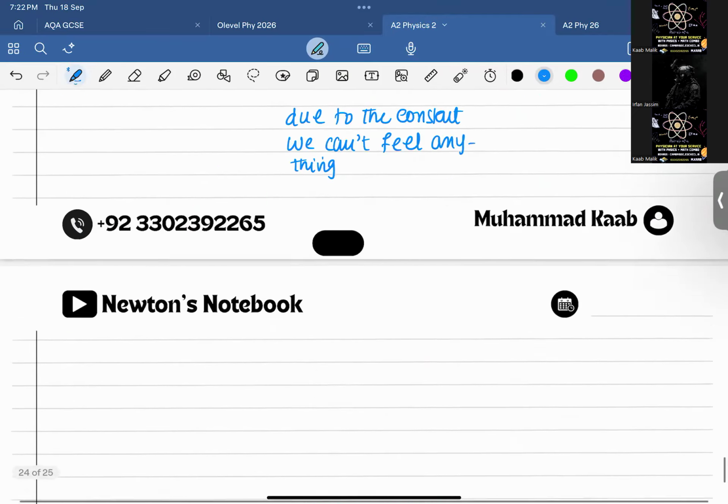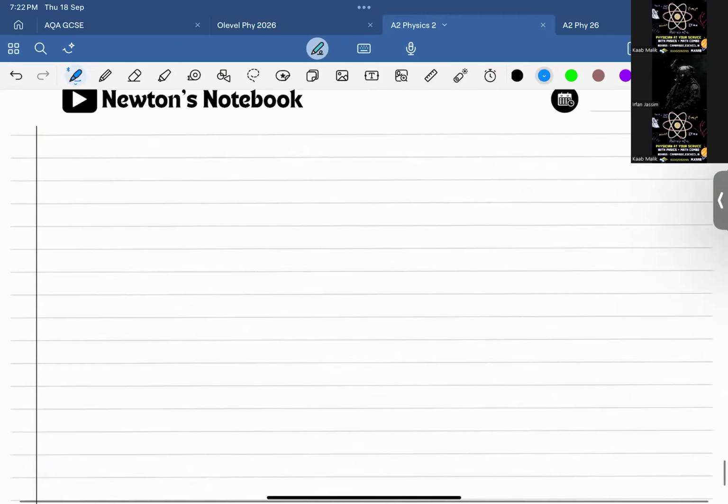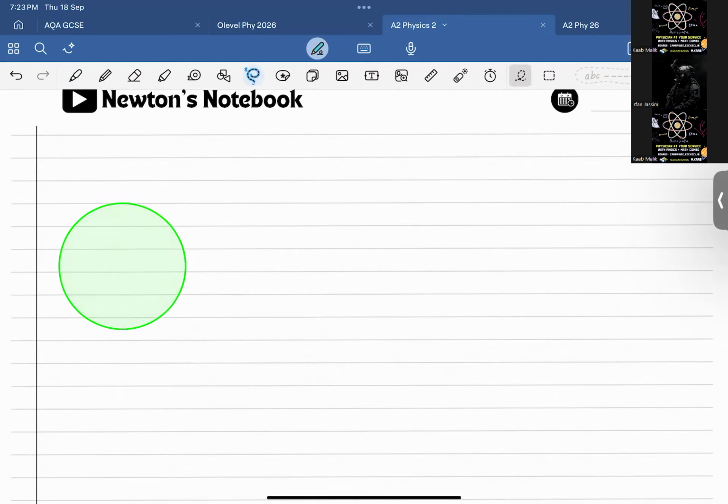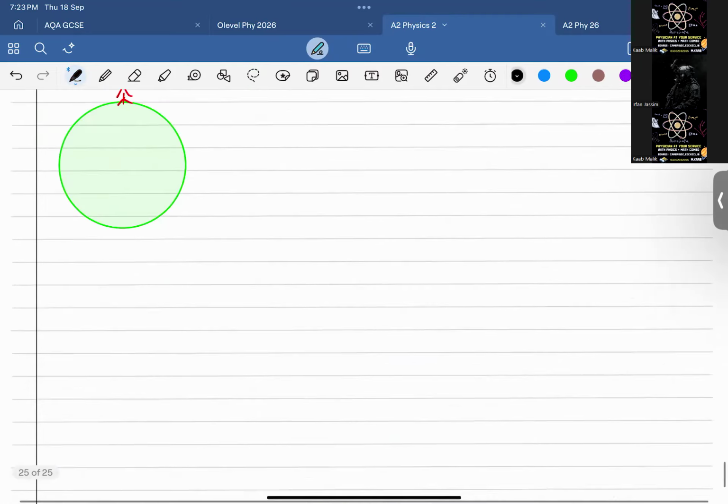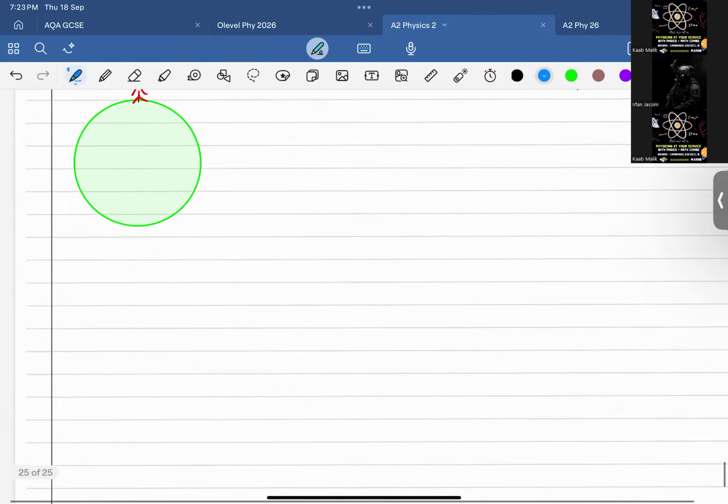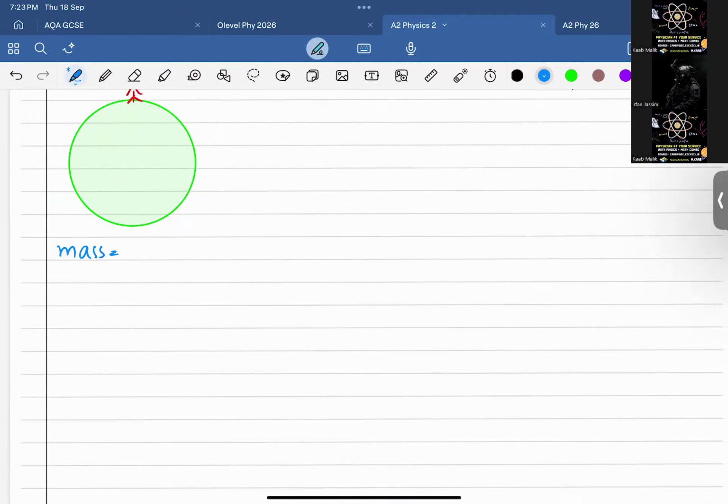Now let's try to find out the value of the weight in both cases. So if I have the earth right here, and a person is standing on the surface of the earth, right? The mass of the person is given, let's say 70 kg.